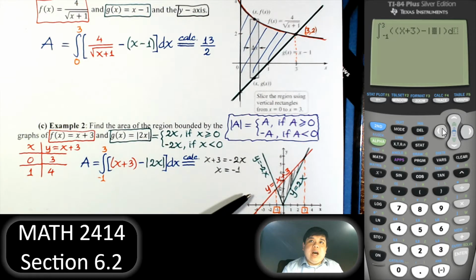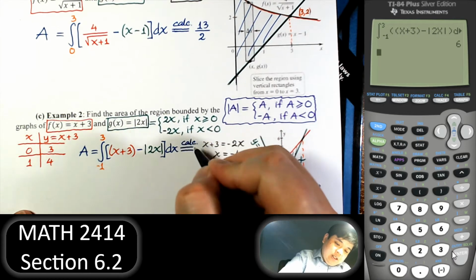We can either do that or we hit alpha window, absolute value, of 2x, and let's integrate. So that equals 6.